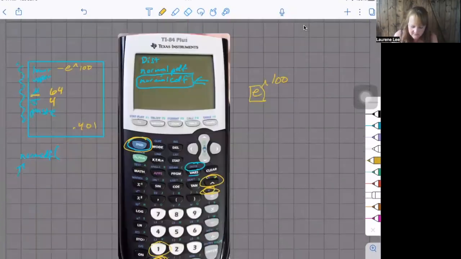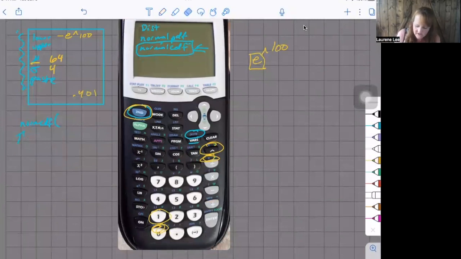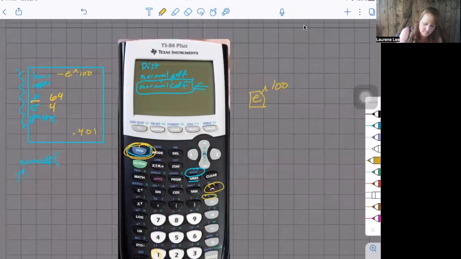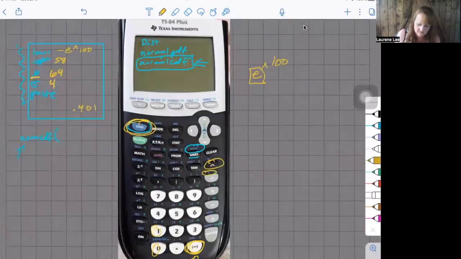On a TI, negative is not minus. The negative button is right here. Don't use that minus sign, it'll say error. That's not a negative. So I'm going to hit negative, then my second function and my e above the division, and then my caret and 100. That's my lower bound, and then my upper bound is my 58.